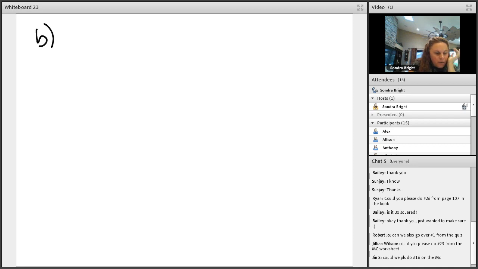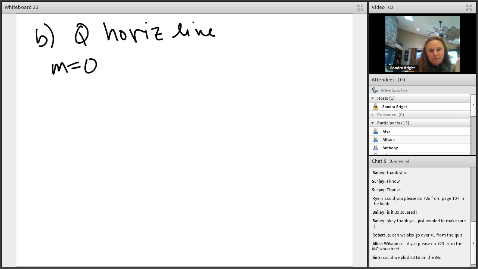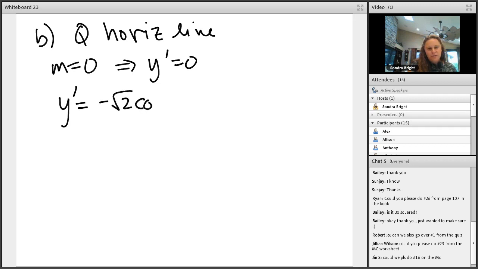Part B wanted to know the equation of the horizontal tangent at Q. And they didn't give you a point, right? But it's a horizontal line, which means your slope equals 0. Well, that means when y prime equals 0. And your y prime, we figured out, was negative rad 2 cosecant x cotangent x, and then minus cosecant squared.